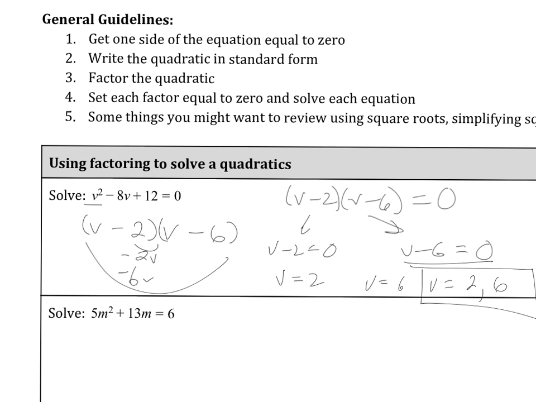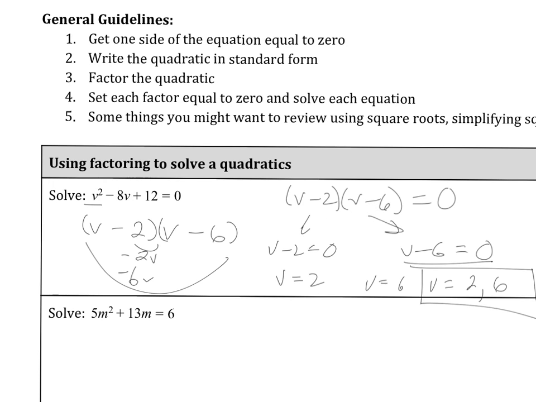Now the thing I want to just really make clear, I don't want you guys thinking, sometimes kids make the mistake of thinking, okay, so this v is 2 and this v is 6. That is not what we're saying. We're saying if, let's say, for instance, we let v equal 2. If v equals 2, then this becomes 0, and this becomes negative 4, because 2 minus 6 is negative 4.